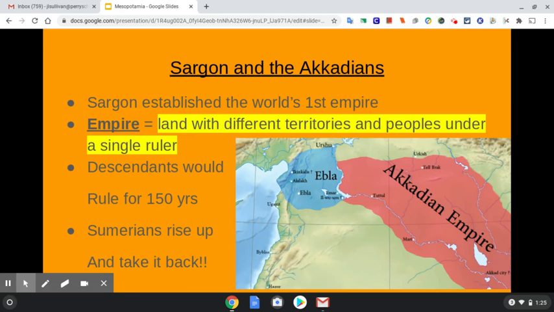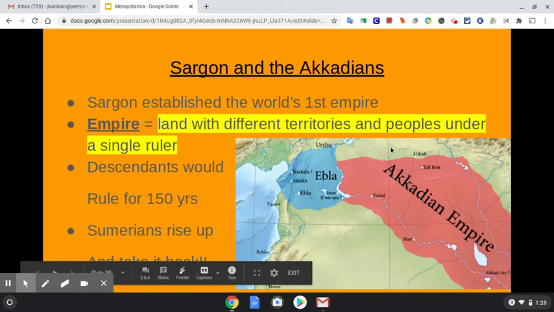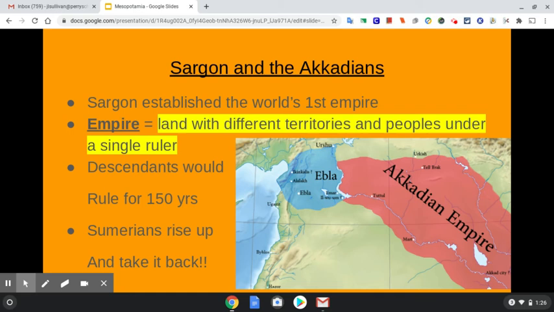Now, as Sargon takes over all of that area we looked at on the map, here's another look at the Akkadian Empire under Sargon. This is looked at as establishing the world's first empire. An empire is defined as a land with different territories and peoples under a single ruler.